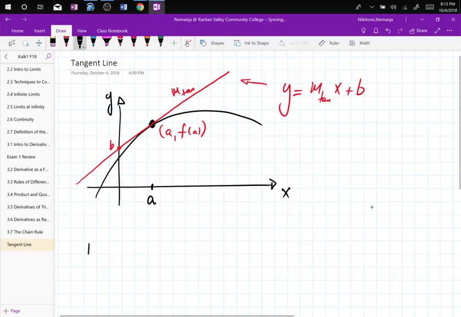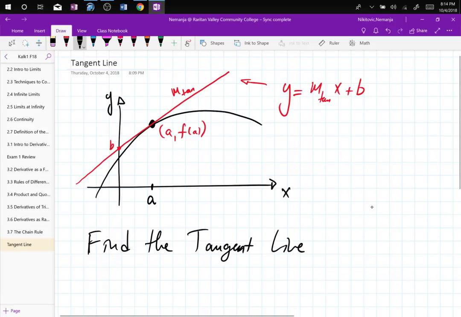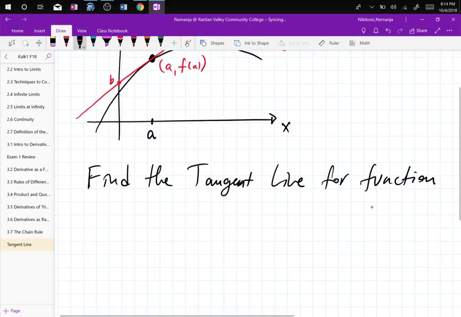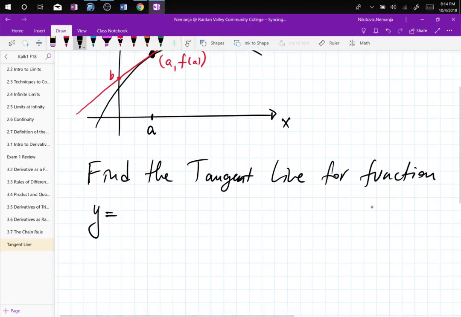So, find the tangent line for the function y equals x cubed at x equals 2, let's say.